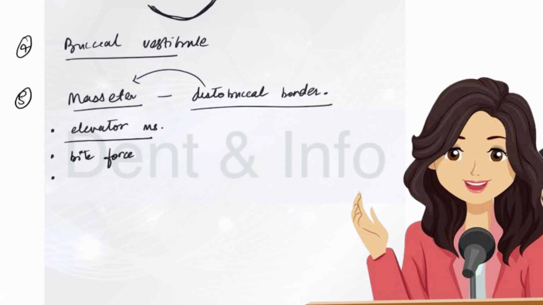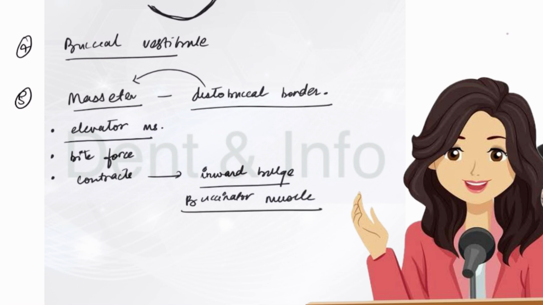That is a key point of your masseter muscle. Now, when it contracts, it creates an inward bulge of what? Of buccinator muscle. When it contracts, it puts an inward bulge in the buccinator muscle.